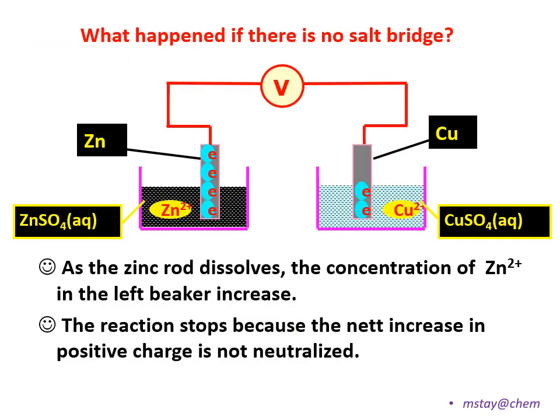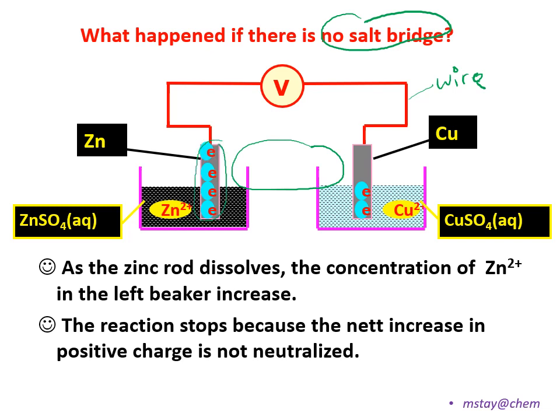Okay, let's check what will happen if there is no salt bridge. If you notice over here, there is no salt bridge connecting both solutions. The voltmeter is again connected by the wire. Now let's say the reaction is happening. The zinc will become zinc 2 plus by releasing the electrons over here.